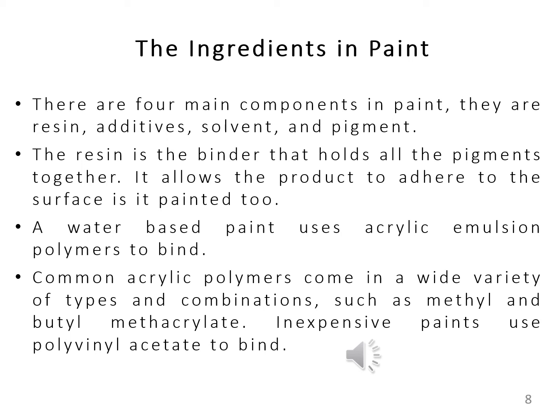Common acrylic polymers come in a wide variety of types and combinations, such as methyl and butyl methacrylate. Inexpensive paints use polyvinyl acetate to bind.